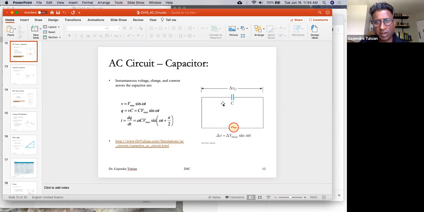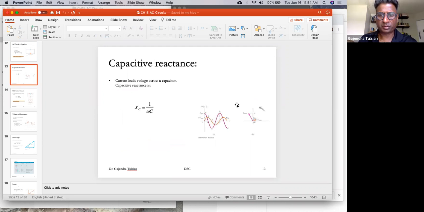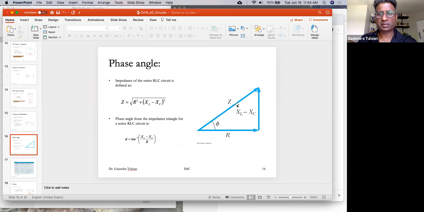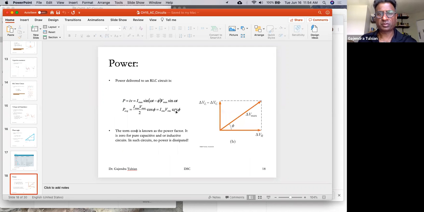So no net power is delivered. If you have a purely capacitive or a purely inductive circuit, no cooking will happen. Nothing will get cooked. That's what this expression tells you. So the power factor is important.